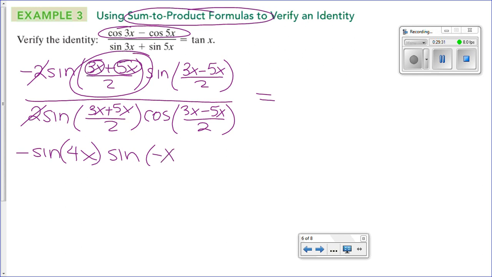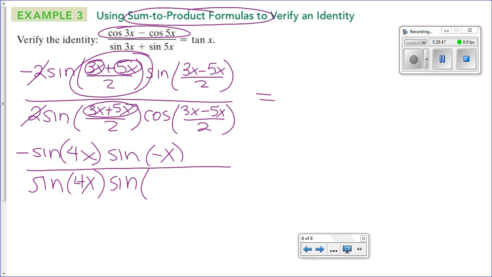Okay. And then on the bottom, we have sine, and again, 3x plus 5x, that's 8x divided by 2, that's 4x. Okay, and on here we have not sine, but cosine. Cosine, and 3x minus 5x is -2x divided by 2, so that will be -x.